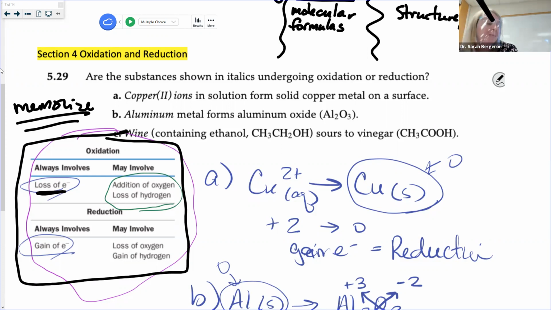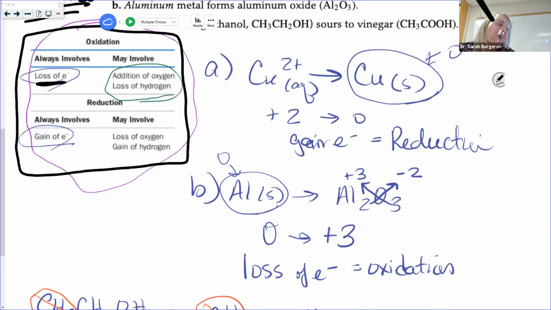So the way that I remember this is, this is how I write it to remember it. Oxidation is loss of electrons. It is a gain of oxygen. See how the O and the O? Oxidation is loss of electrons, gain of oxygen, or loss of hydrogen.